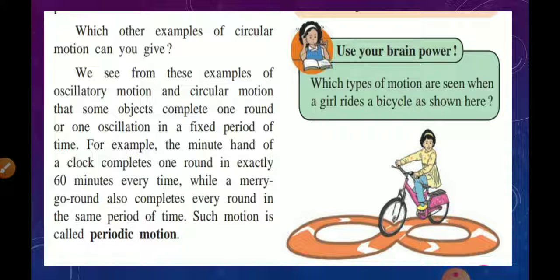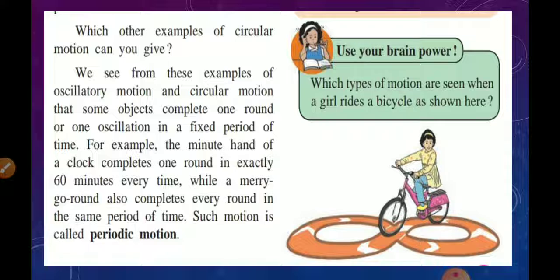Here, use your brain power. Which types of motion are seen when a girl rides a bicycle as shown here? She rides a bicycle. Here, a turning of a bicycle around a curve. She turns the bicycle around the curve, so it is a circular motion.